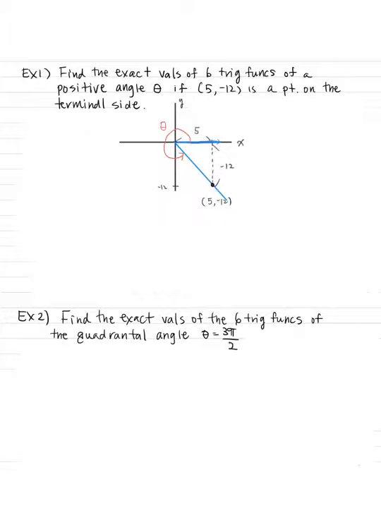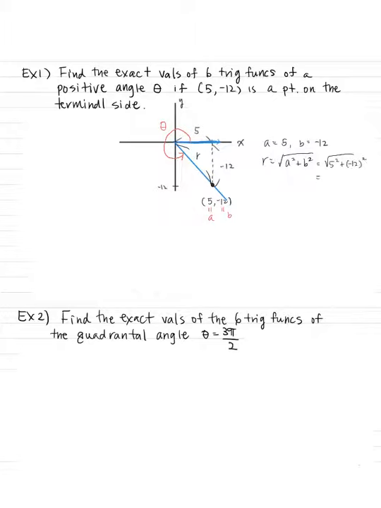Okay. Now notice that if I write it in terms of 5 comma negative 12, 5 is your A, and then B is going to be negative 12. Okay, now let's find the value of R. Okay, so since we have A equals 5 and B equals negative 12, our R is going to be square root of A squared plus B squared, which is square root of 5 squared plus negative 12 squared.